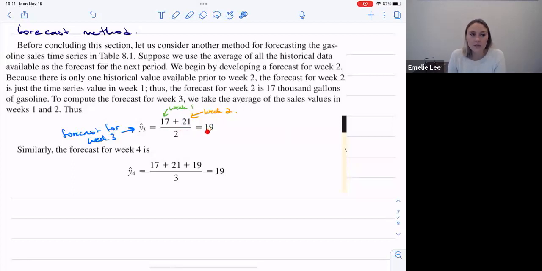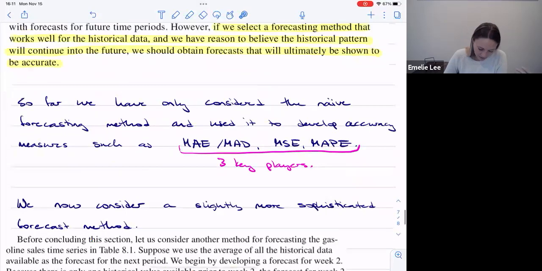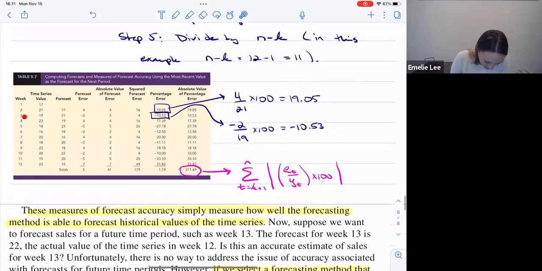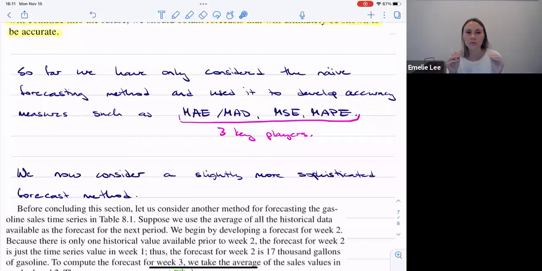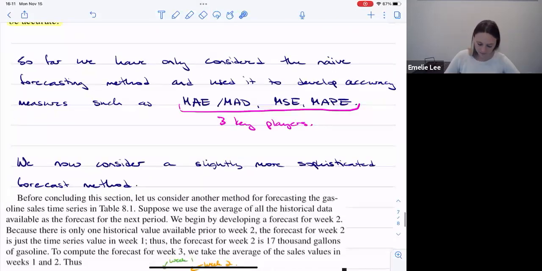That's slightly different than our previous forecast for week 3, which was 21. Now we're forecasting 19, which looks pretty good. That's just a fluke that we picked one that was exactly what was happening there, but it does provide slightly improved forecasts.